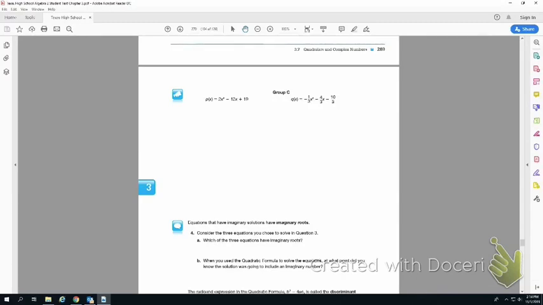So let's go through this quickly. I've got negative 12, which is positive 12, plus or minus the square root. Negative 12 squared is 144, minus 4ac, all over 2a, which is just 4. I'm going to put 4 there.